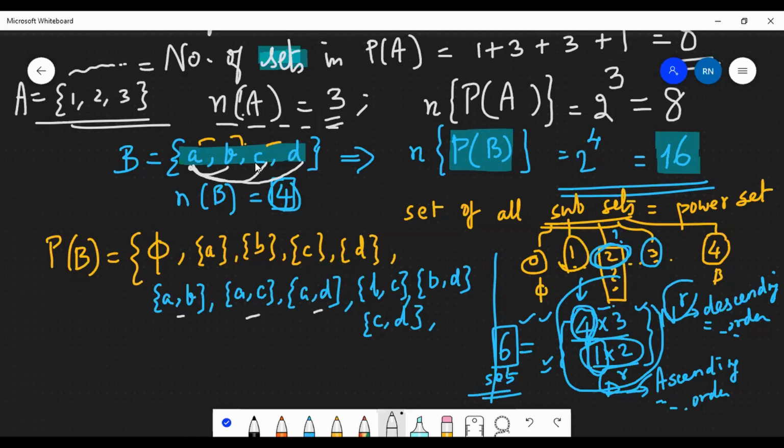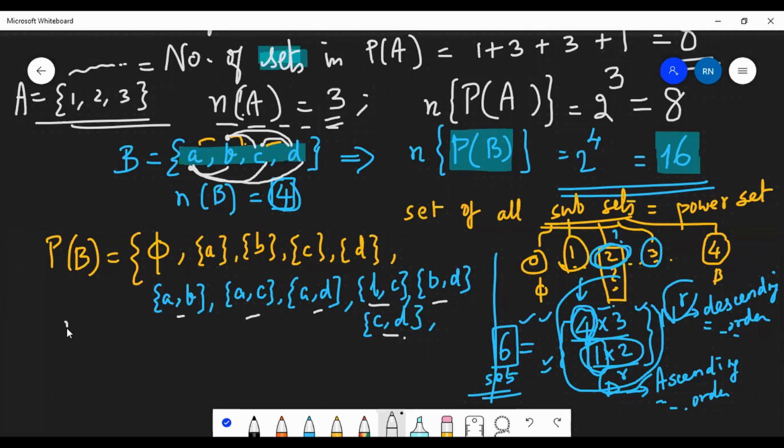Then start with the second: the first element will be B. Then B and C, B and D. Suppose one more is there, go for that. Already you completed 5. The last one will be C with D. 6 got over. So this is the discipline you follow.